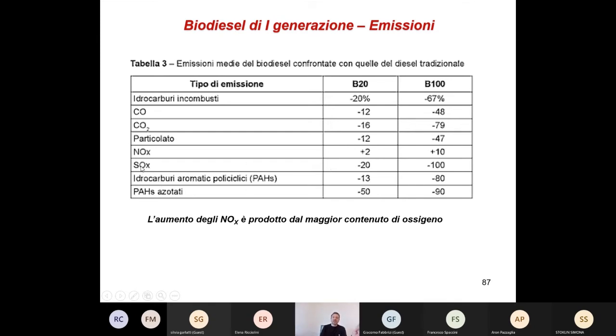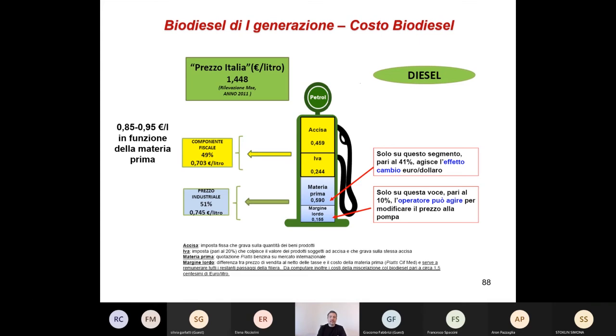You have no sulfur in biodiesel, while you could have some quantity of sulfur in diesel and the other elements. This was the picture I would like to show you for gasoline, but you can see here for diesel, and it's absolutely the same for bioethanol.